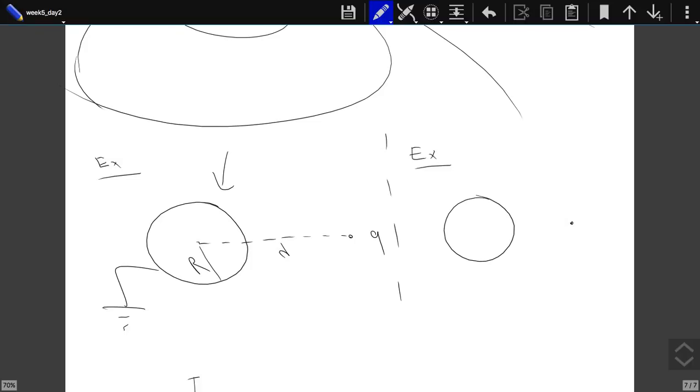So we put some charge Q over there. The solution of this problem is different. So we put some Q prime over here, and at the center we had to place a minus Q prime, where Q prime was minus Q times R over D. The solution of that problem is different than the solution of this problem.